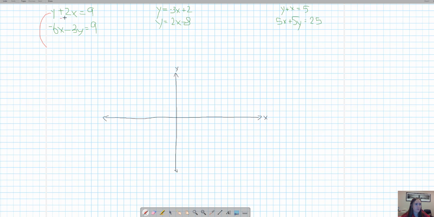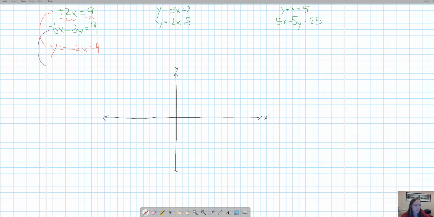All I have to do for this one is subtract 2x on both sides. That's going to give me y equals negative 2x plus 9. So that's my first equation.